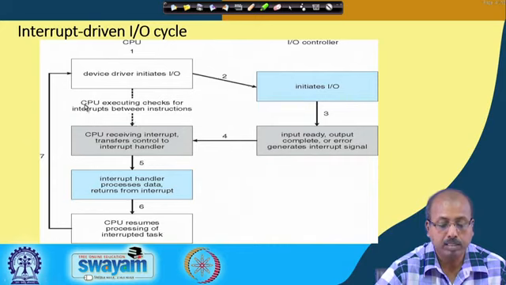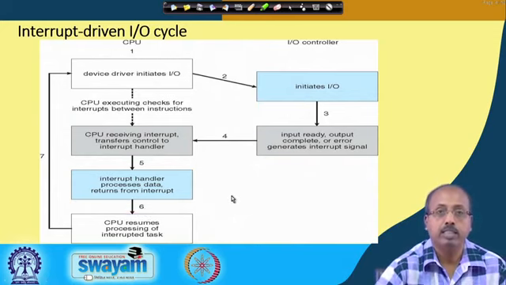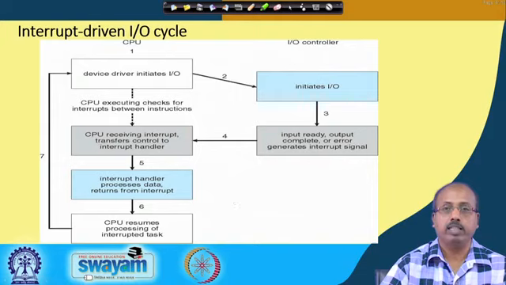In between, the CPU checks for interrupts between instructions, to see whether an interrupt has occurred between two instructions or not. When this interrupt comes, the CPU receives the interrupt and transfers control to the interrupt handler. In turn, the interrupt handler will process the data and return from the interrupt, and then when the interrupt is over, the CPU will resume processing the interrupted task.